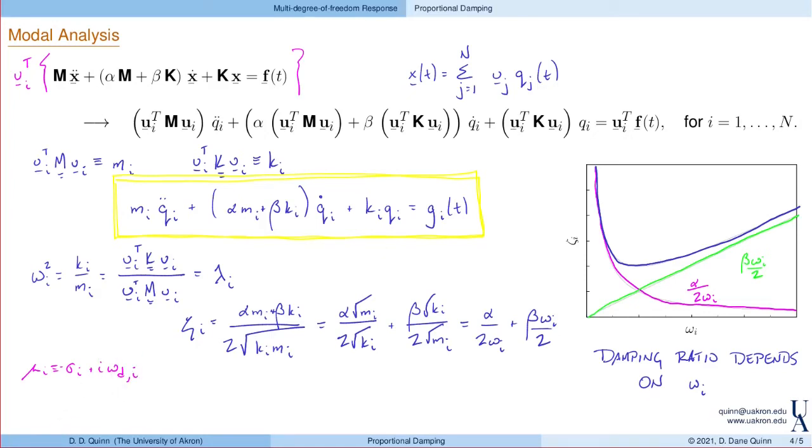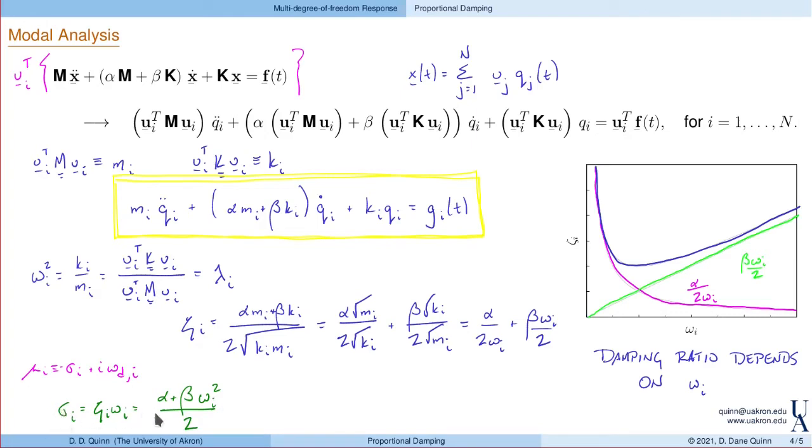And in this case, sigma sub i is zeta omega, which reduces to alpha plus beta omega squared divided by 2.